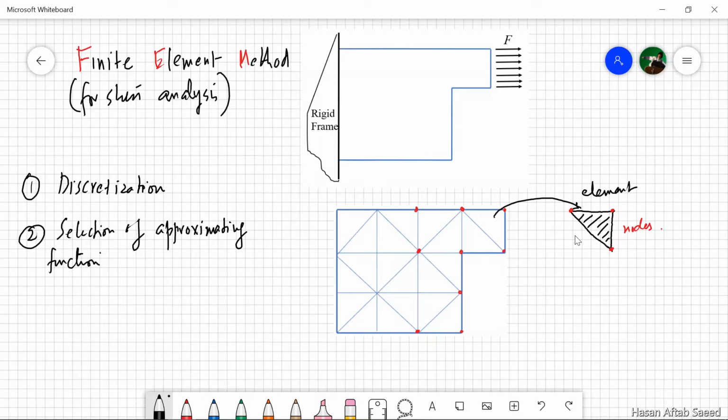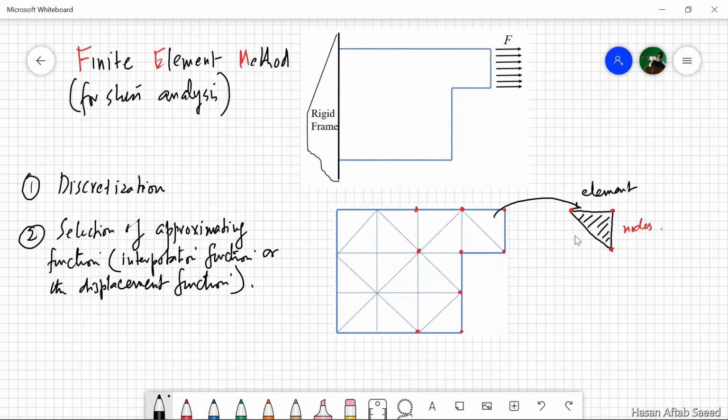Now, this is also called interpolation function or the displacement function, because we start with displacements. If we are able to calculate those, then we can go on to strains and stresses.